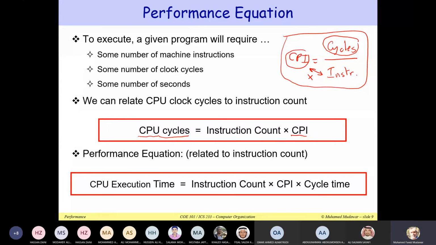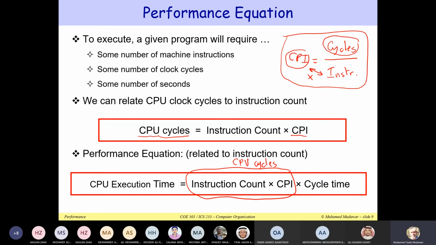Fine. Now the CPU execution time. What's the CPU execution time? Well, we look at the total number of CPU cycles, and we multiply it by the cycle time.